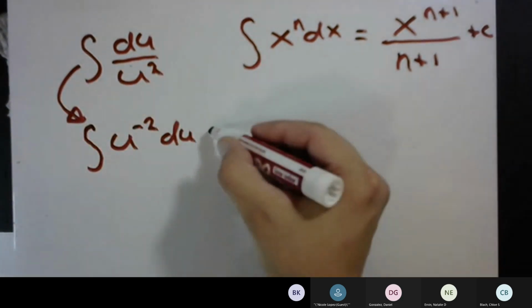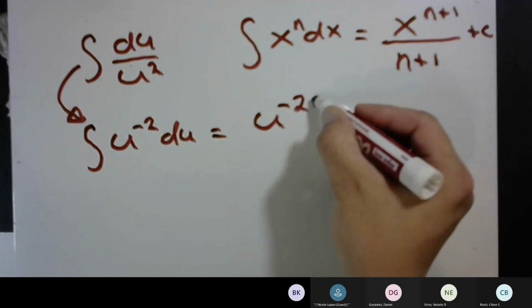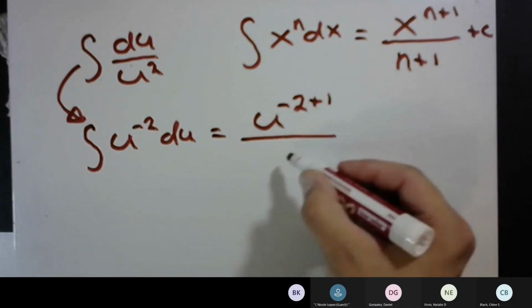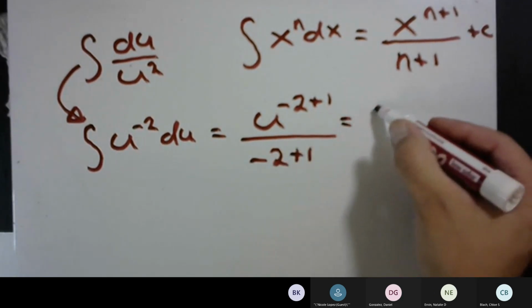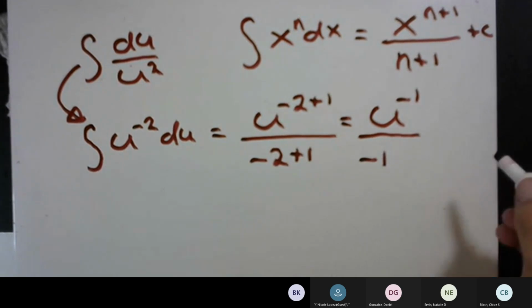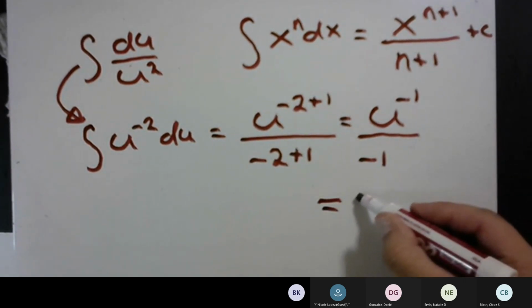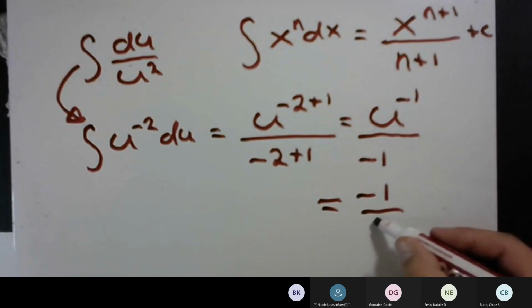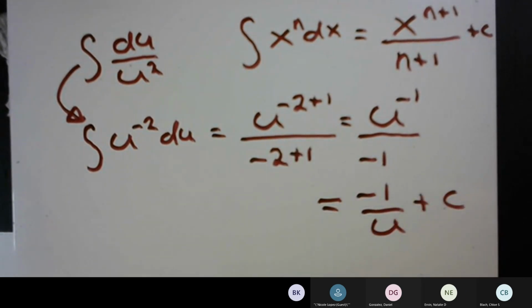They're the same thing. So we get u to the -2 plus 1 over -2 plus 1, or u to the -1 over -1, or -1 over u plus c. That makes sense. Thank you.